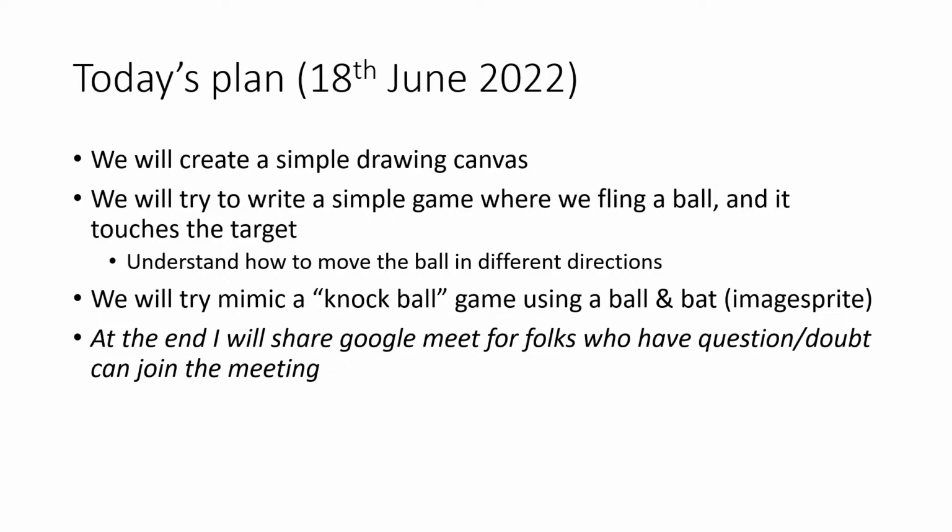We'll try to write a simple game where we fling a ball and it'll touch a target and things like that. We'll try to mimic a knockball kind of game. I'll show you what that game is. And as usual, during the end, I'll be sharing a Google Meet where you can ask me specific questions. So if you got stuck in some steps, or it's not working for you, I'll be sharing the meeting ID, and we'll go on from there.